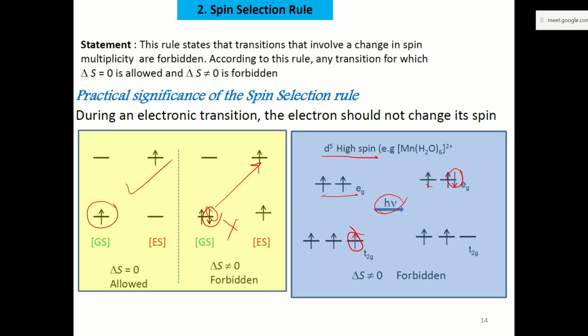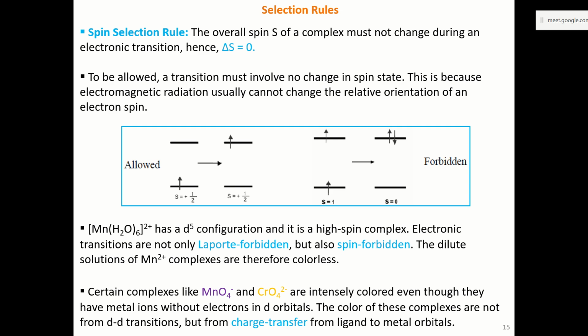So again the conservation of spin angular momentum is not happening for the electron, and this will not occur. So these are forbidden transitions in a pure setting.